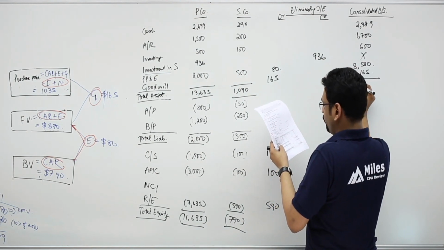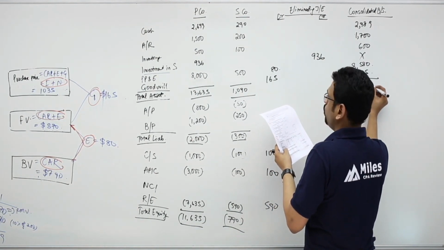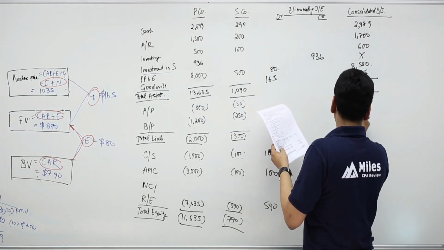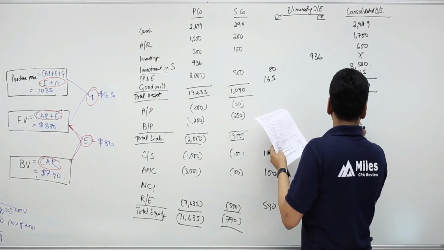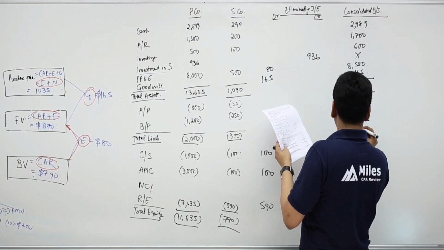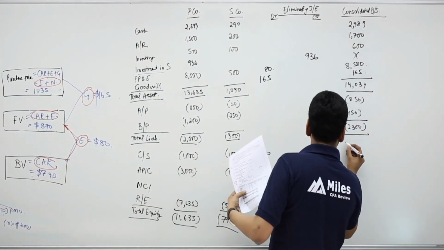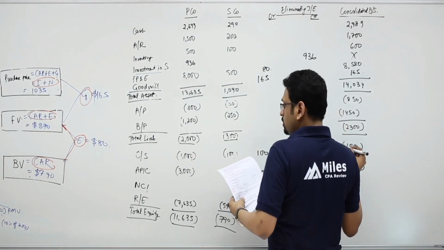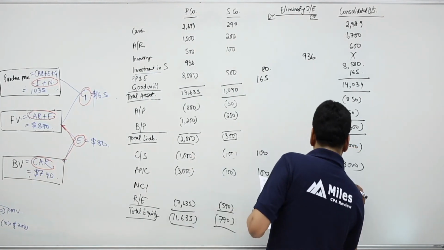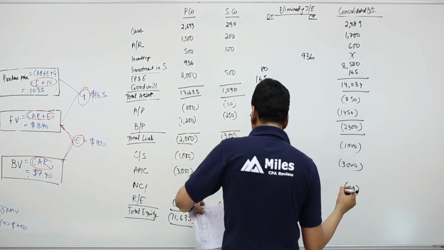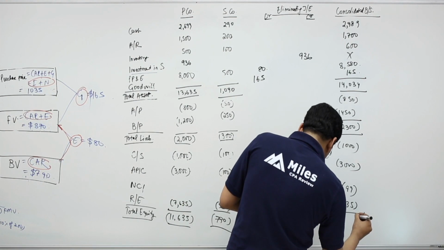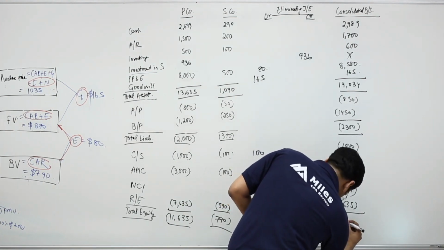Total assets 14,034. Our payables 850, our bonds 1,450, total liabilities 2,300. My common stock 1,000, my APIC 3,000, then you have non-controlling interest 99 and my retained earnings 7,635. So that gives a total equity of 11,734.